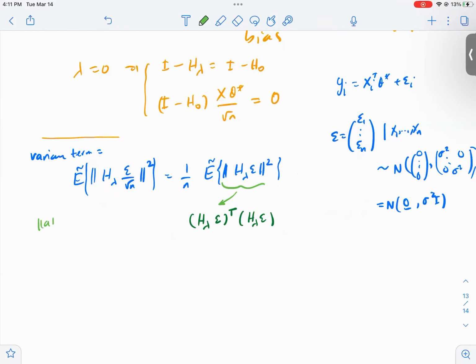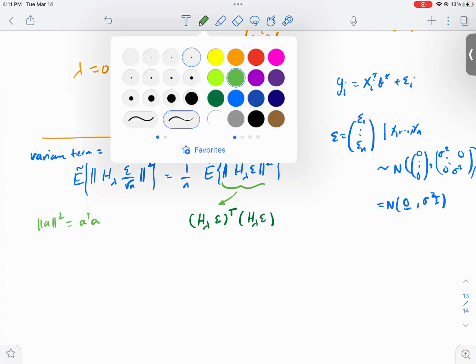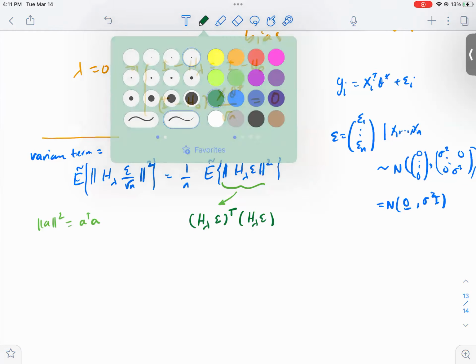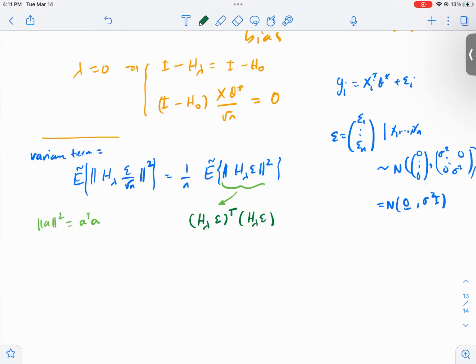It's like saying a squared is a transpose a. And what does the transpose do to a product? It flips. You get epsilon transpose, H lambda transpose, and I can drop the parentheses because of the associativity of matrix product.